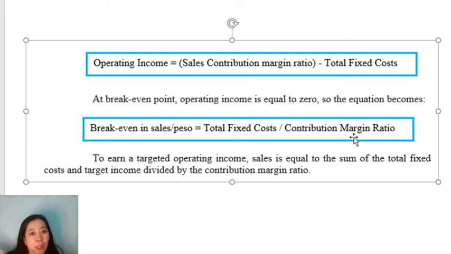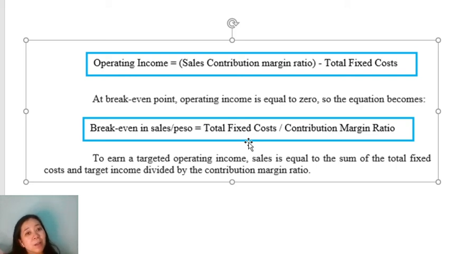mentioned earlier. So break-even point, I mean break-even point in sales or peso. What we have earlier is break-even point in units. Okay, so here, to determine the break-even point in sales or peso, the formula is still the same.